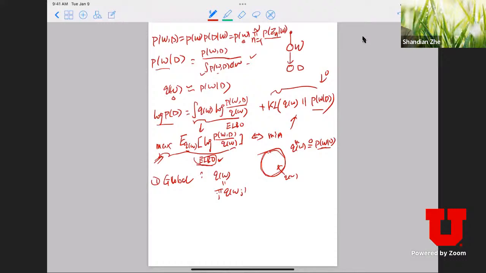And you can maximize this ELBO to find the Q of W that is as close to the true posterior as possible inside this small family. That's what we call global variational inference. And of course, there are a lot of tricks about how to smartly extend this family of Q of W while not making the ELBO maximization intractable.